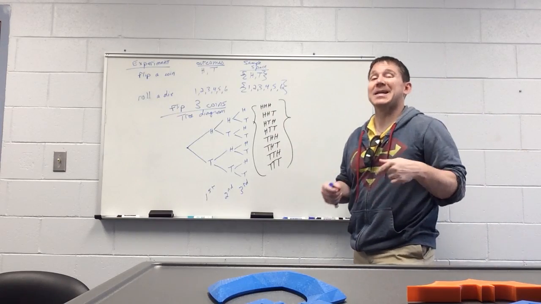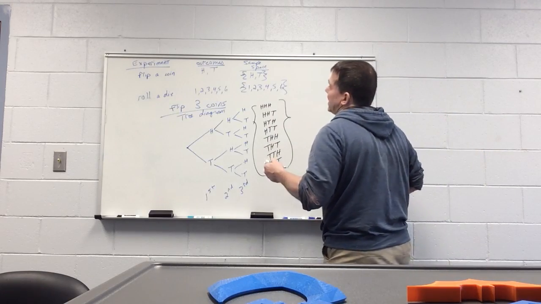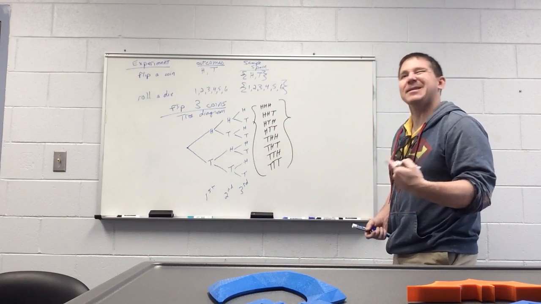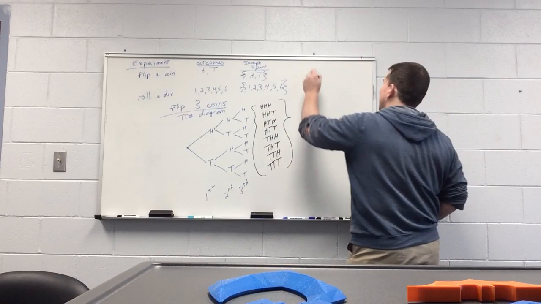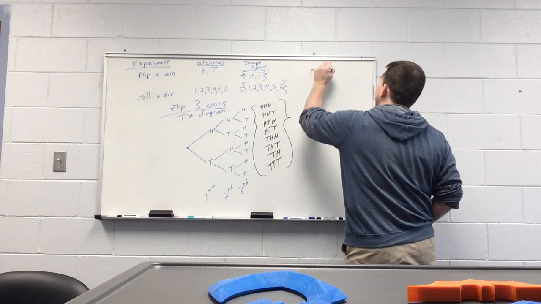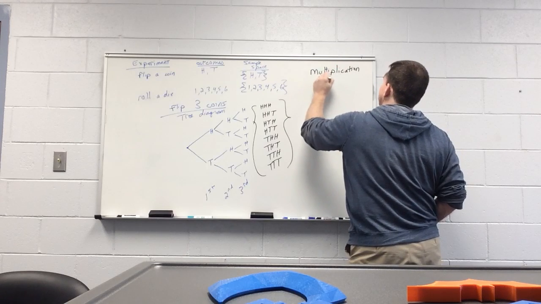They also give us another trick that we use a lot for counting. And you can use this in different areas of math and even without tree diagrams, but it's easiest to see with the tree diagram. So I'll just mention it now since we're doing it. It's what's called the multiplication principle.